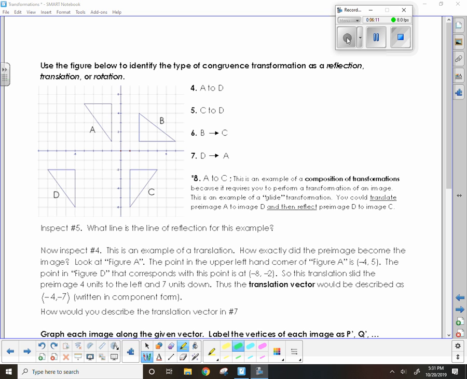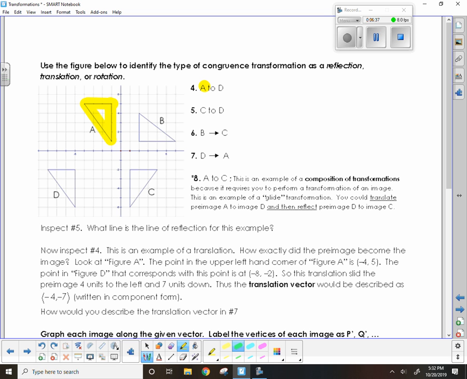Okay, here's another chance to practice. So look at your notes and try and describe these as reflection, translation, or rotation. And I'll give you a chance to pause it right now. All right, let's go and talk about what they are. So if we're going from A to D, notice that when we talk about A, we're talking about this one.